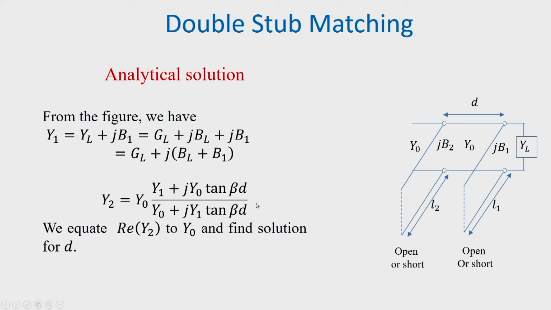For matching we need real part of Y2 to be equal to Y naught, and once we do that we also get a solution for this distance d.